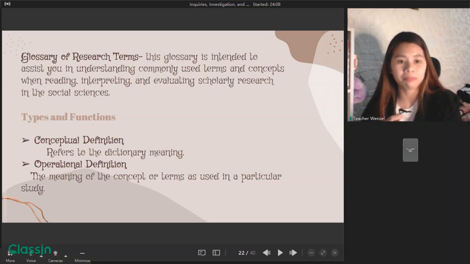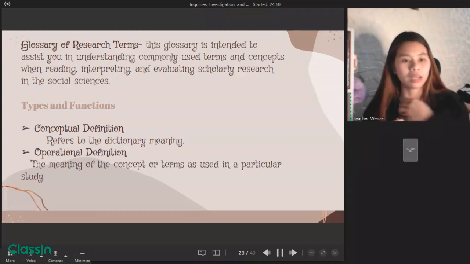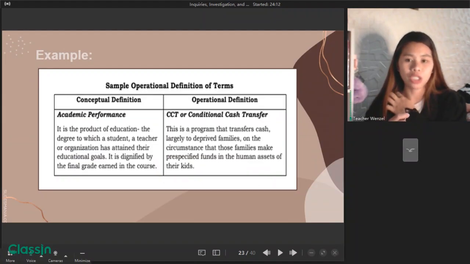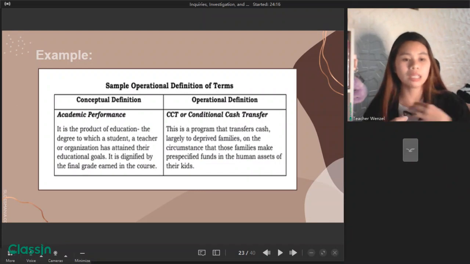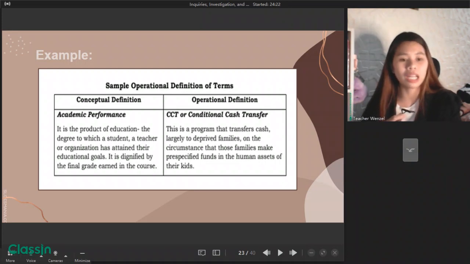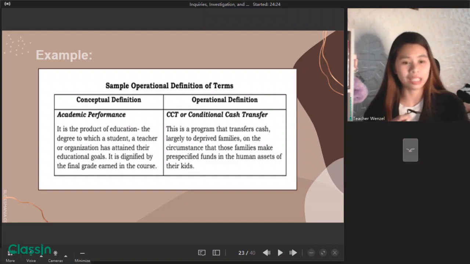For example, here is a sample of operational definition of terms. A conceptual definition is the meaning of the word or phrase as in the dictionary. In contrast, operational is how you use that word in your study.